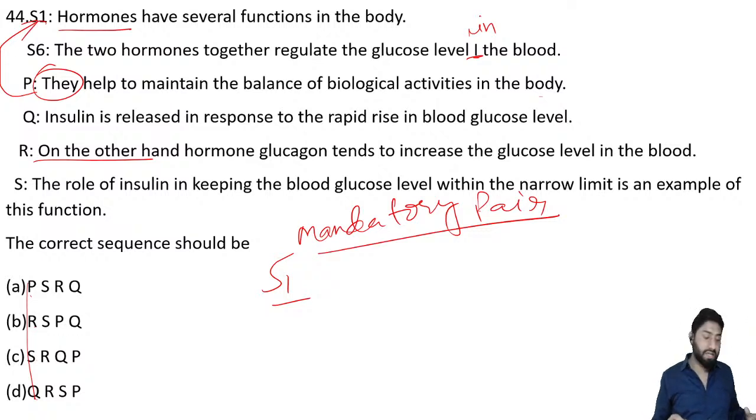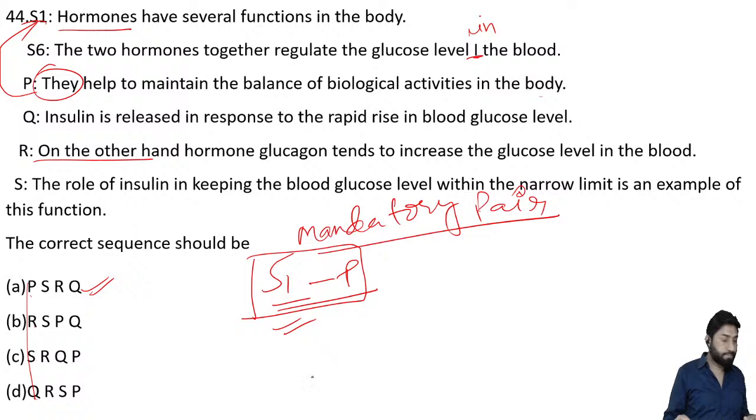So if we take P with S1, immediately we come to the answer. On finding one mandatory pair, S1 with P is going and we found our answer right here, right. So most of the students might have marked A, so A is your answer here.